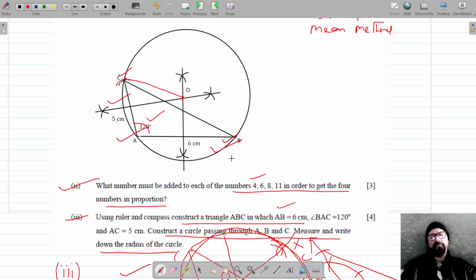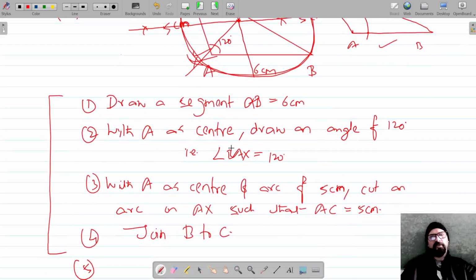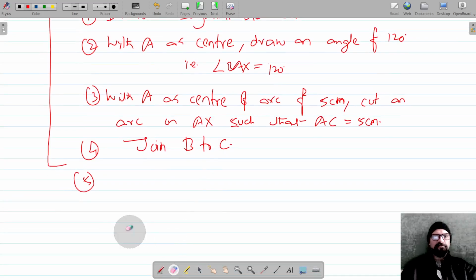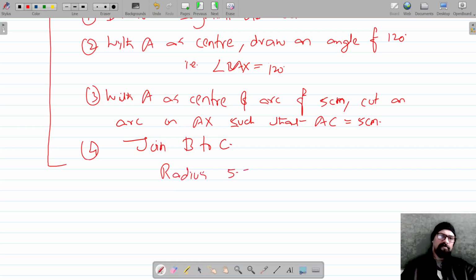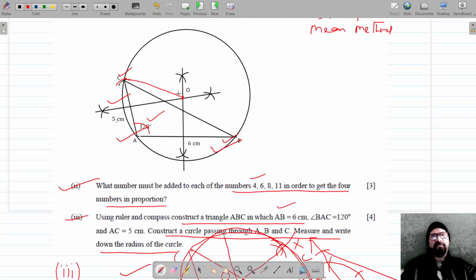This will exactly pass through A, B, and C. So this is how we construct the circumcircle, and the radius will come out to be 5.5 centimeter. If you measure any distance OA, this will be the radius of the circle.